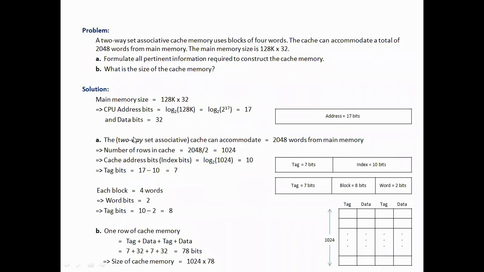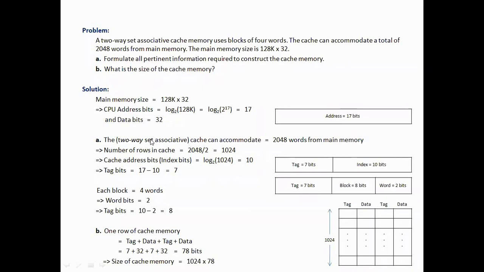Now the question itself says that this cache memory can accommodate 2048 words from main memory. So 2048 words of main memory can be stored in cache. Since we know that this is a two-way set associative cache, two words are stored in one row of cache. That's why it is called two-way.